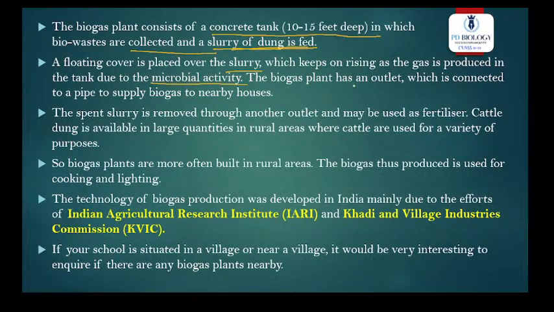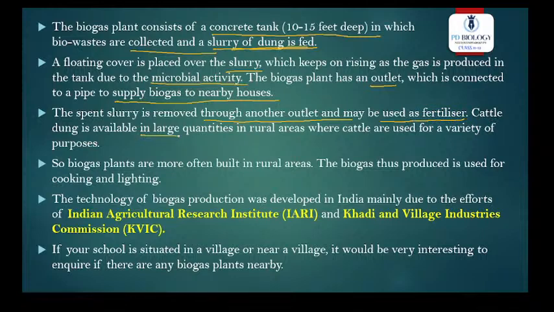The biogas plant has an outlet which is connected to a pipe to supply biogas to nearby houses. The spent slurry is removed through another outlet and may be used as fertilizer.